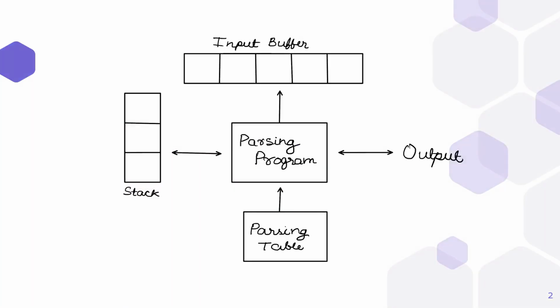This is a diagram of the LL1 parser, where the parsing program uses a stack, a parsing table and an input buffer to create the output. Stack and parsing table are used to store our intermediate outputs of the program, and the input buffer is the memory which stores the string that we need to generate.